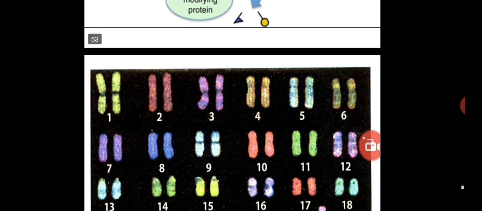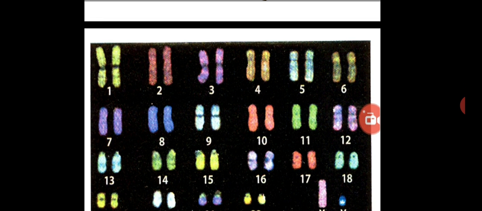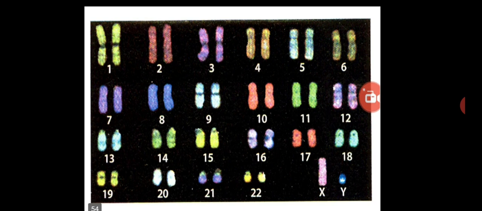Now I would like to explain one more concept, karyotype. What is meant by karyotype? Karyotype is the arrangement of all the chromosomes of a diploid cell of a species or of an organism.